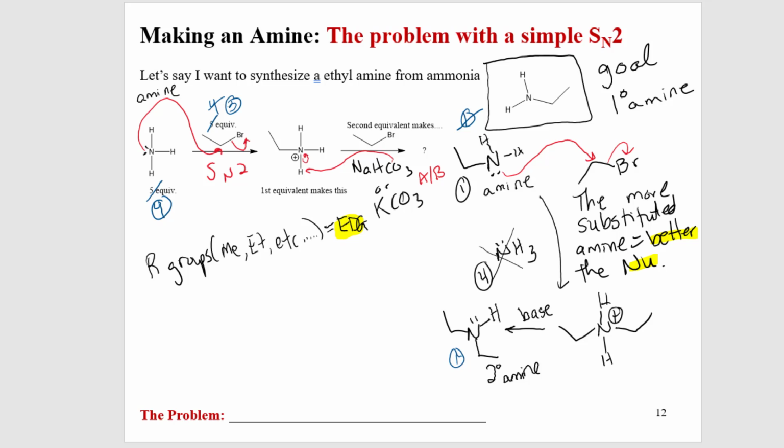Because R groups are electron donating by induction. So if I just keep adding a donating group and another donating group and another donating group, I'm actually making the nitrogen more electron rich, which makes it a better nucleophile. So the next equivalent of ethyl bromide reacts with the product, not the starting material again. Another SN2.